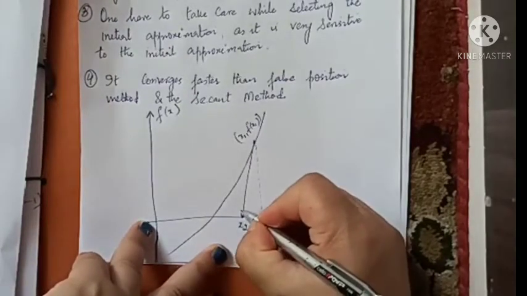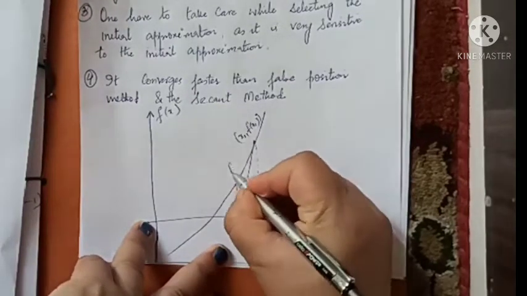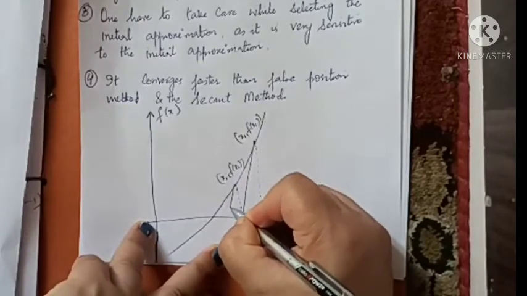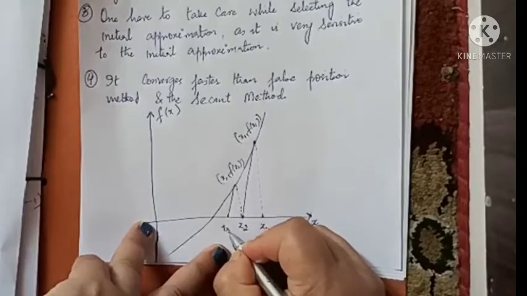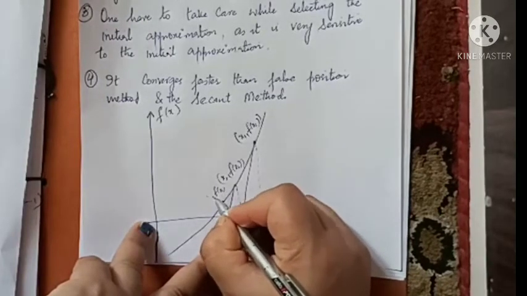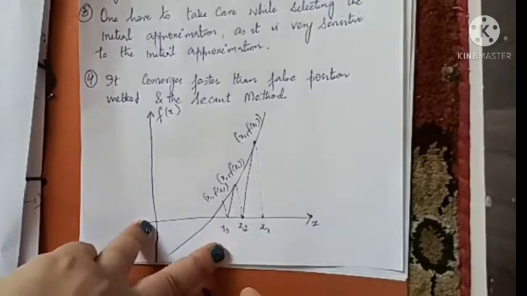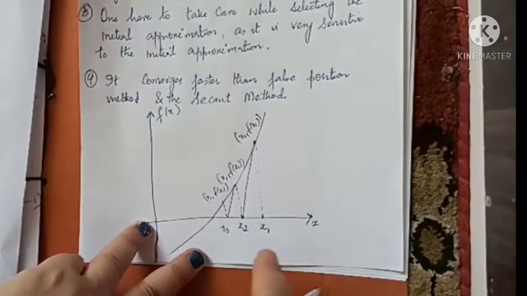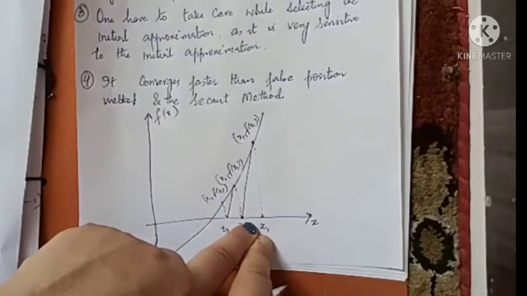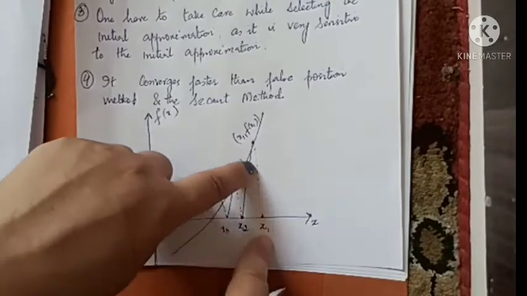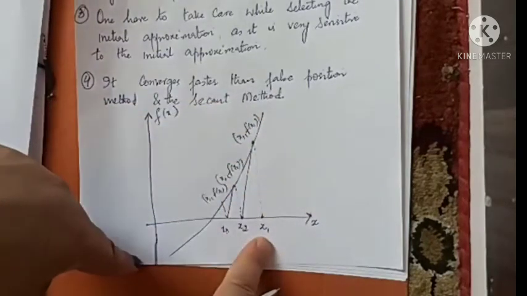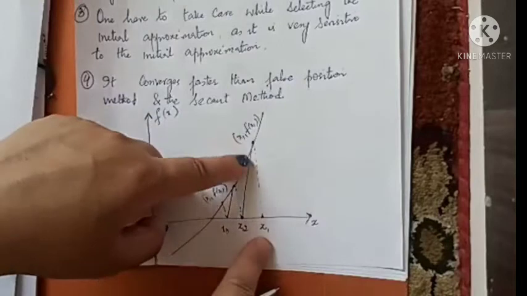Again we will calculate the value of f of x2. We will draw a slope from this point to this point. Say this is x3. Then again we will find f of x3. So this is the way we take a single initial approximation, calculate the value of the function f of x, and draw tangents.